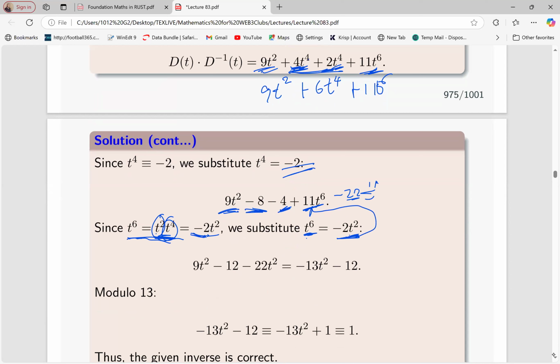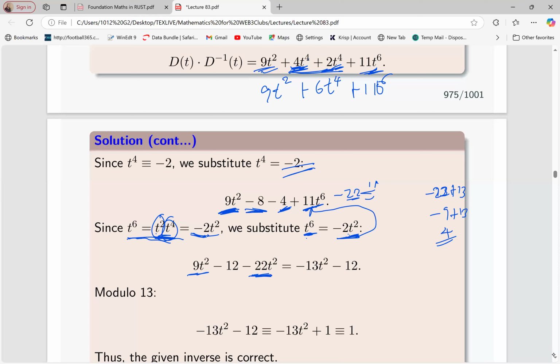But -22 mod 13, if 9, then plus 13, that would be 4. 4t square. And there's another t square here, 9. I just put it here, then reduced later. When you reduce later, it becomes 4.